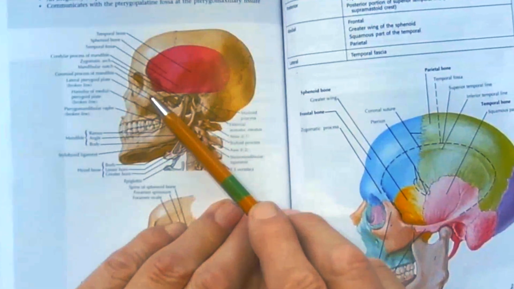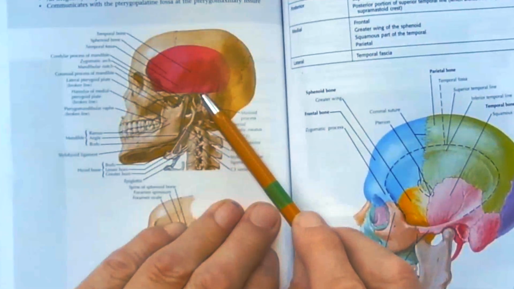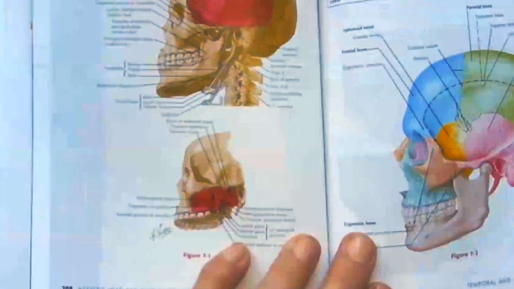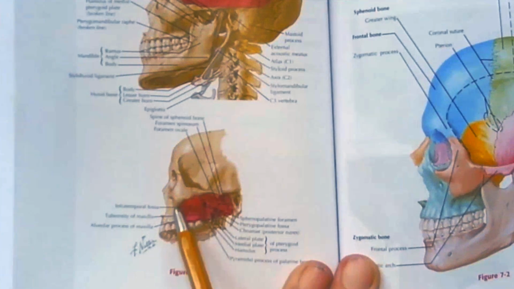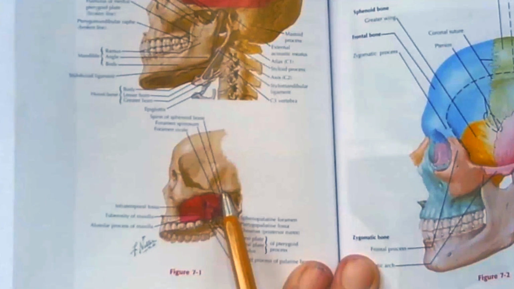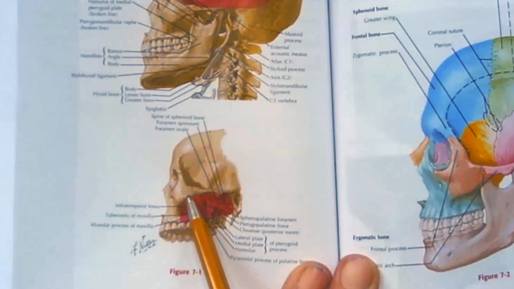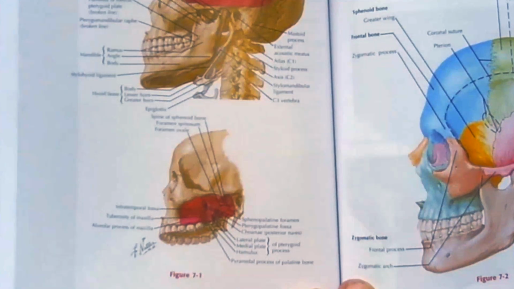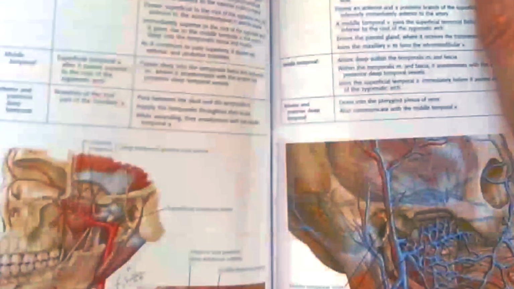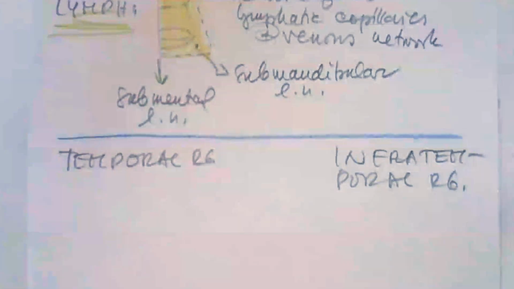Then here you see the zygomatic arch, and here we see the cavity below the zygomatic arch, below the inferior margin of the zygomatic bone. So it's called the infratemporal area, infratemporal fossa, or infratemporal region. And the deepest area of the infratemporal region would be the pterygopalatine.